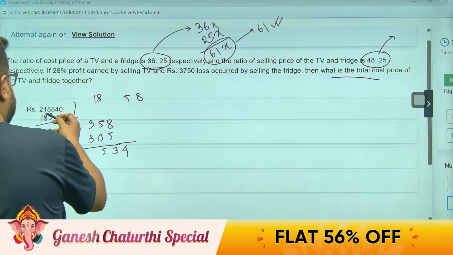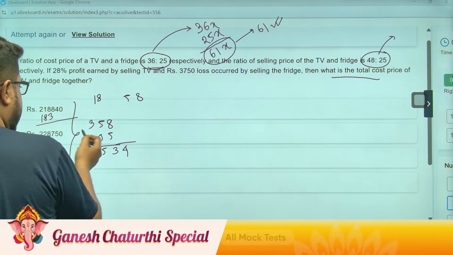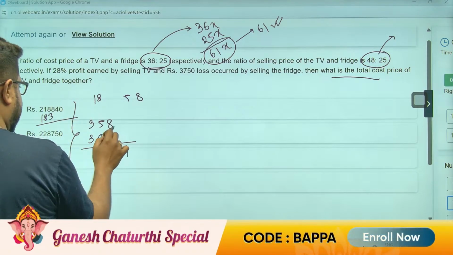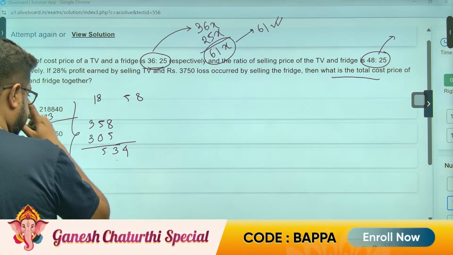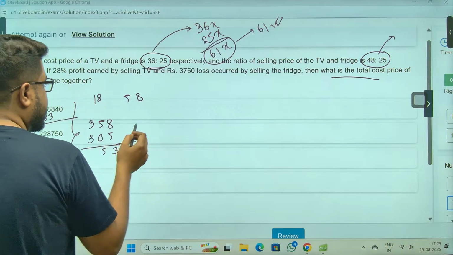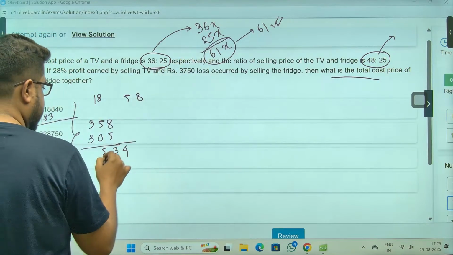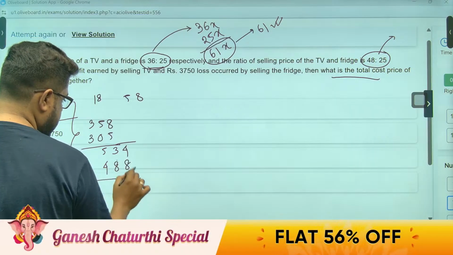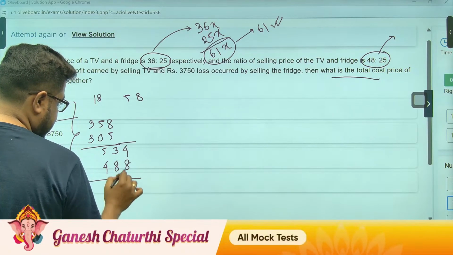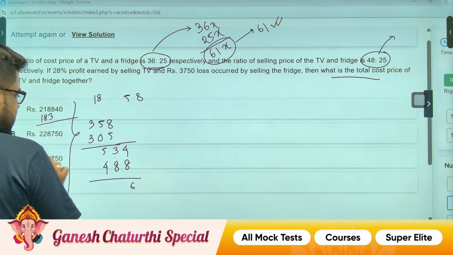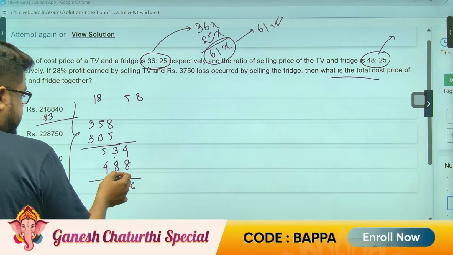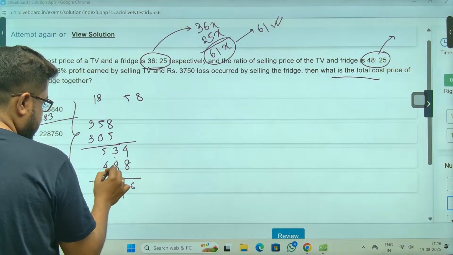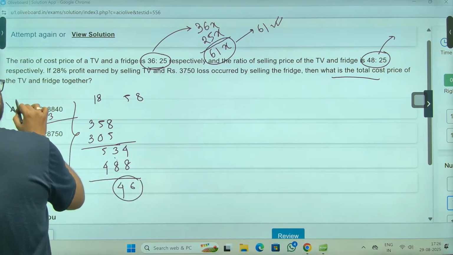5 here, 3 here. 8, I have got 5. 5, 6 are 30, 5 ones are 5. So this is 3, this is 5. This is 4. 6 8s are 48. This is not divisible.